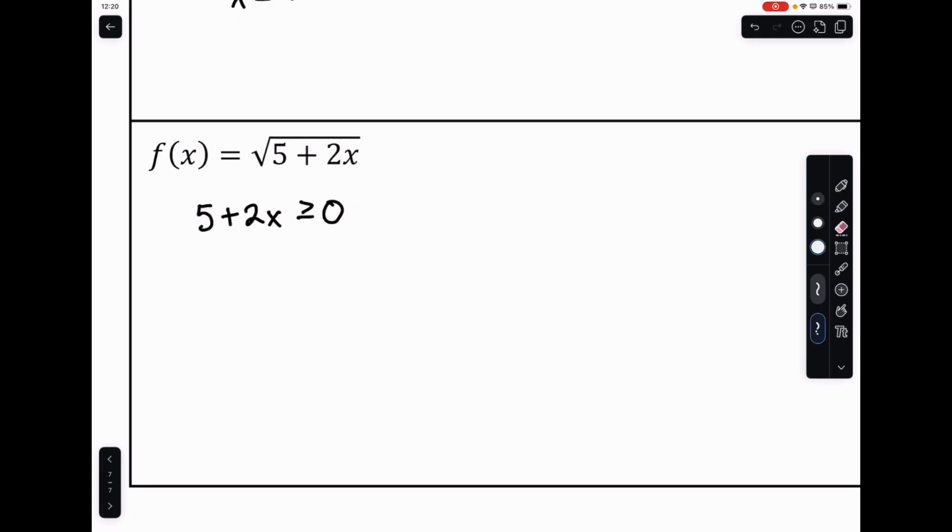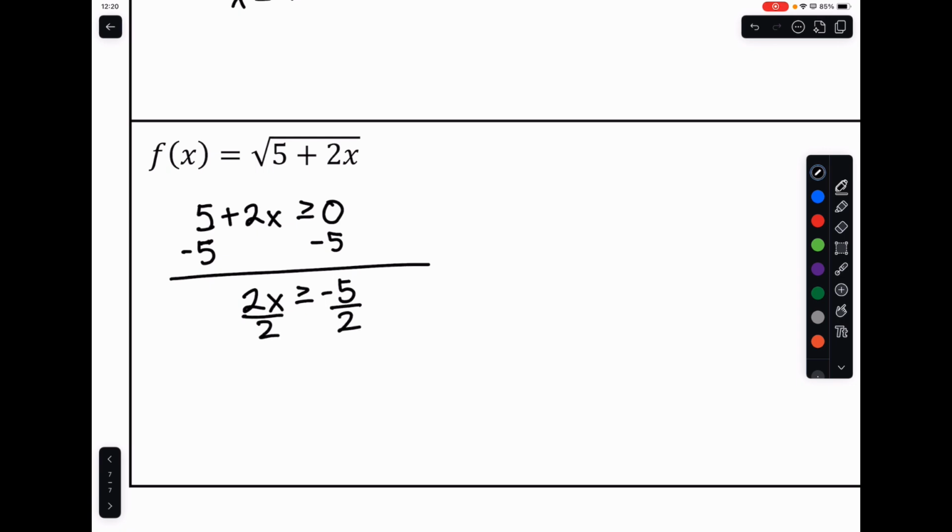We're going to solve this equation by first subtracting 5 from both sides. So 2x is greater than or equal to negative 5. Divide both sides by 2. And x is greater than or equal to negative 5 divided by 2.